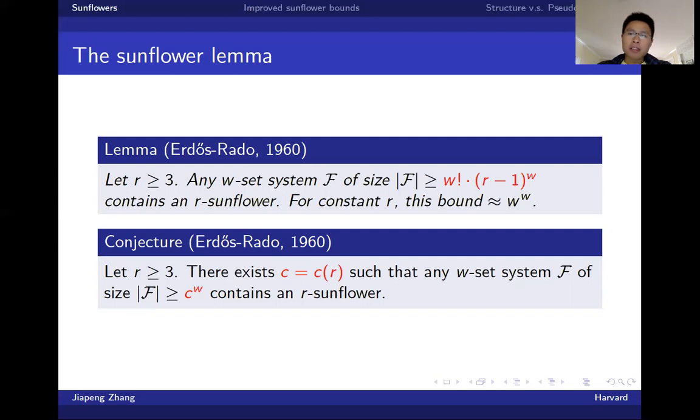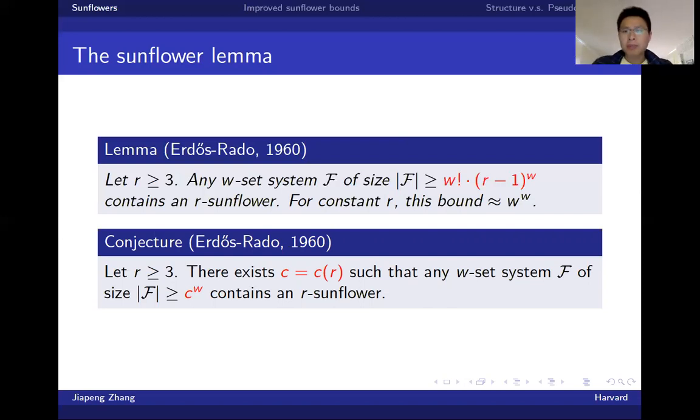The sunflower structure is a pretty simple structure, and it's very nice. Let me first quickly remark, if you have a bunch of pairwise disjoint sets, then this set system is a sunflower. Why? Because if you pick any two of them, the intersection is the empty set, and the common intersection is also the empty set.